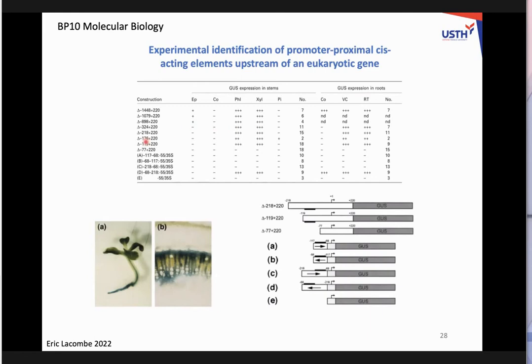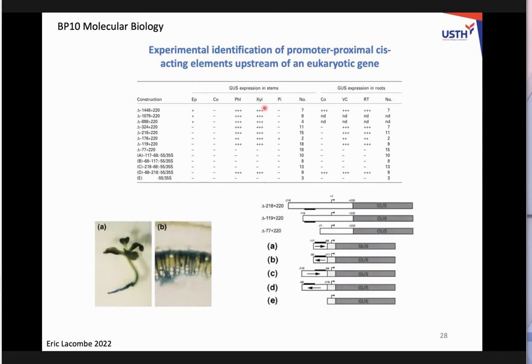You remove more and more, and look, the smallest construct, minus 119, gives the same expression profile as the 1.5 kb construct. Do you see this? Yes or no? Yes. Okay.